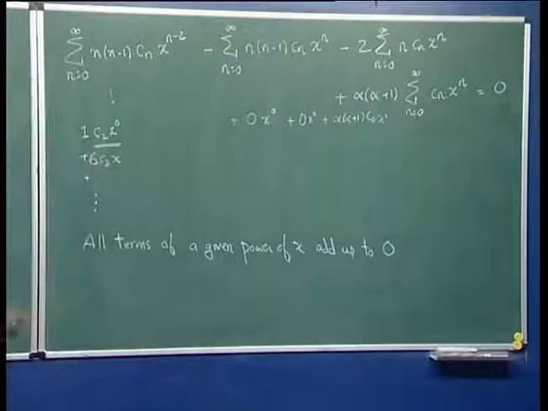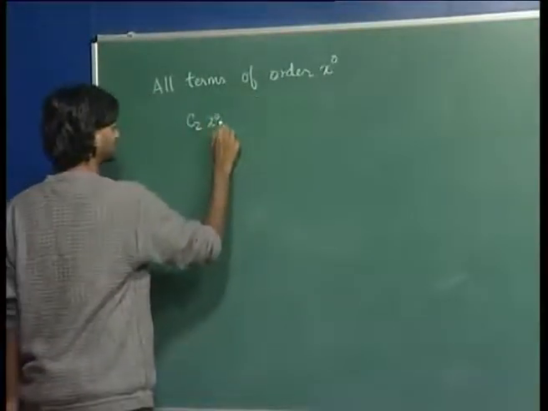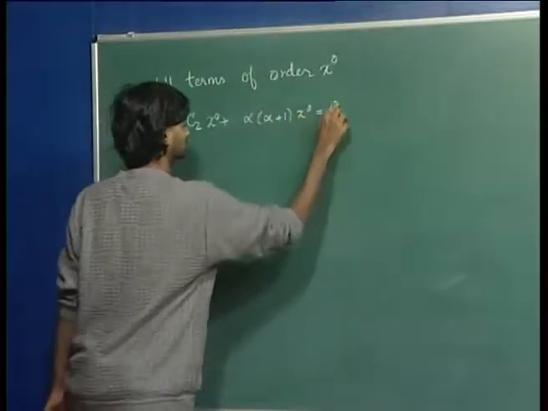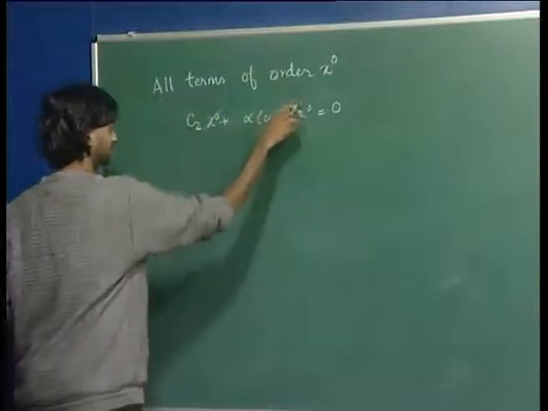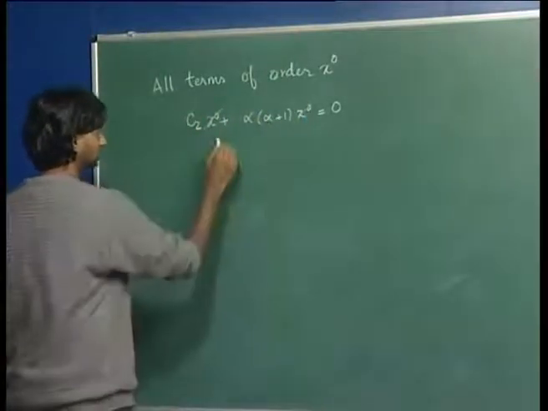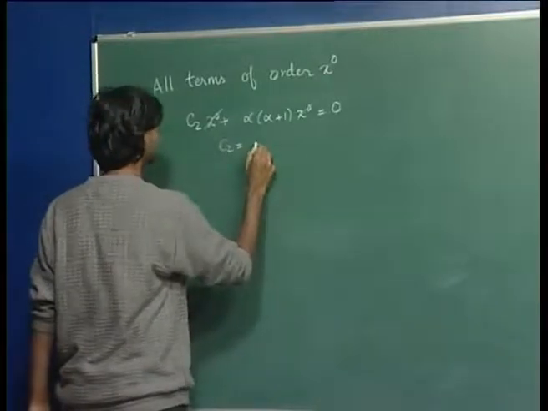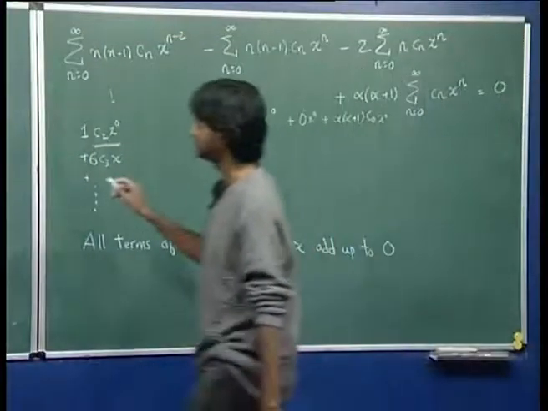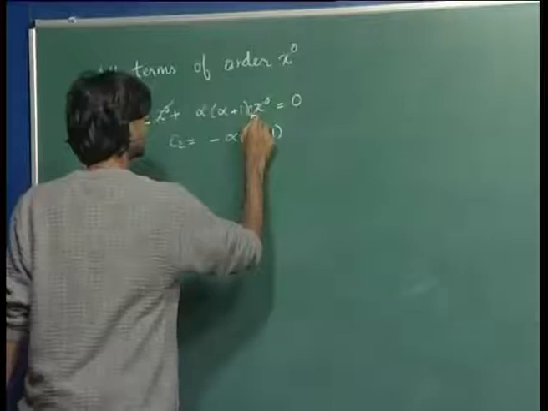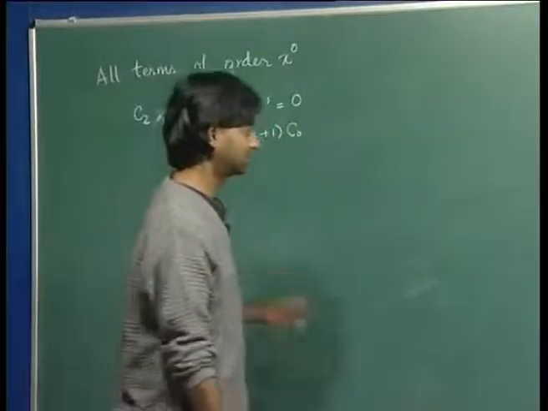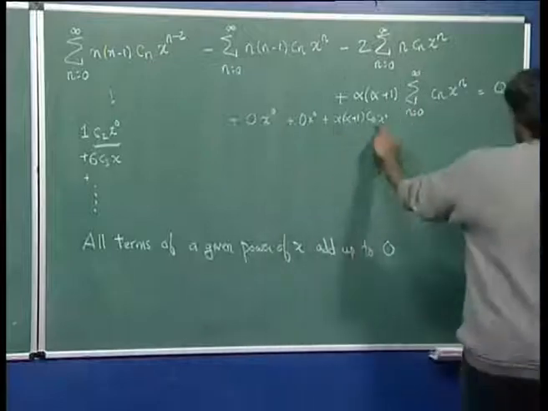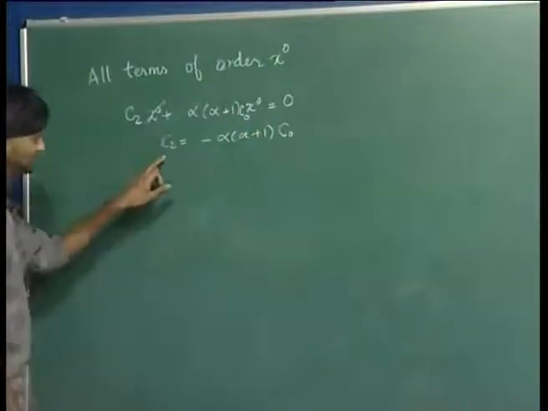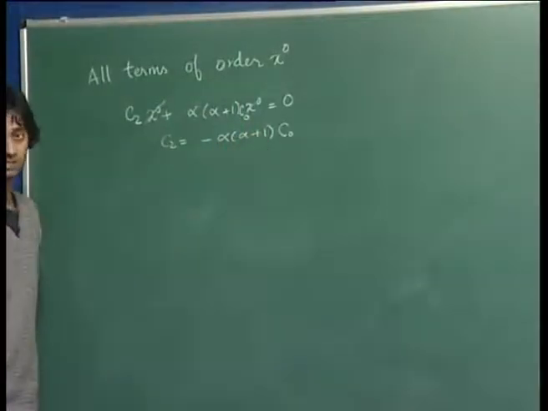So, if you collect all those terms, you will get C 2 times x power 0 plus alpha plus 1 C 0 x power 0 equal to 0, and x power 0 is just 1. So, C 2 is equal to minus alpha plus 1 times C 0.